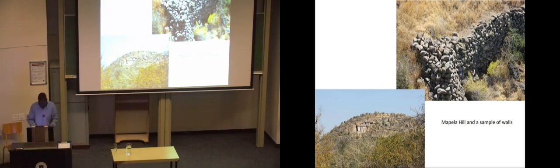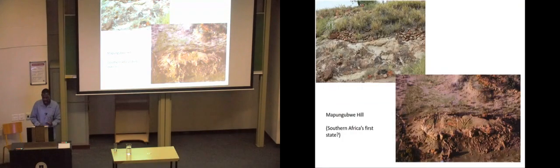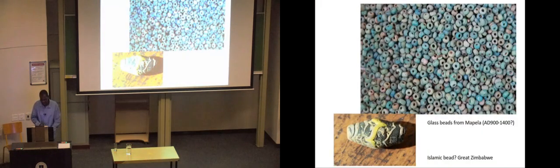So Mapela, as we saw the other time, and we also have Mapungubwe, which of course is associated with the honor of being Southern Africa's first state. But is it, given what we have seen?